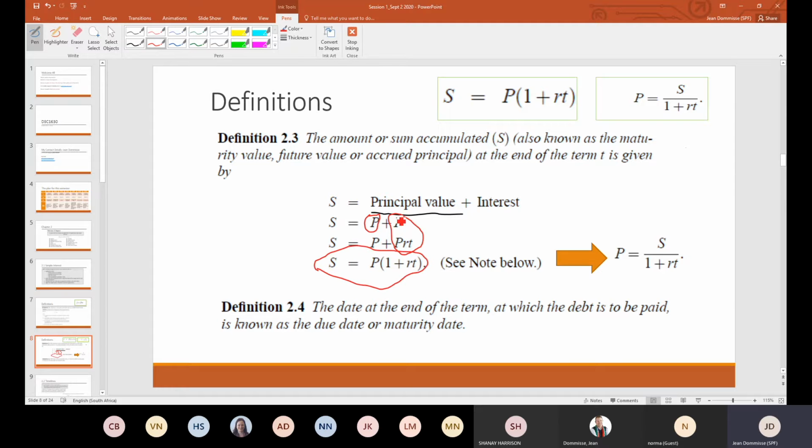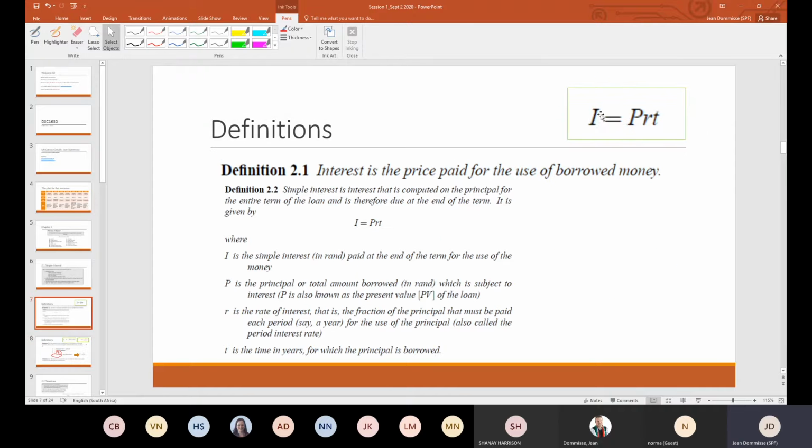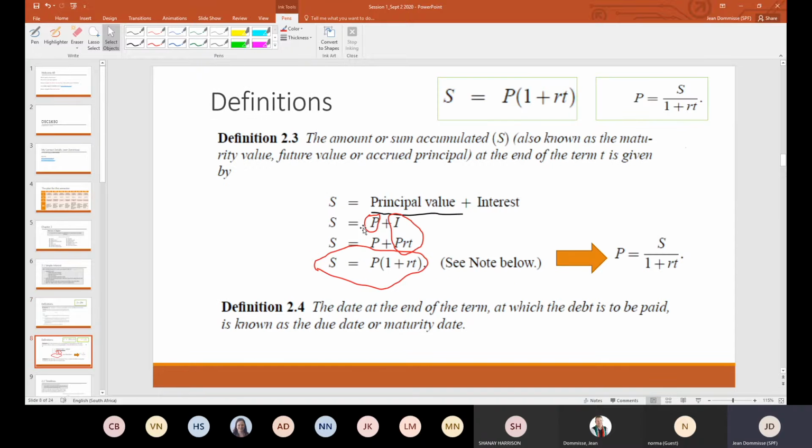So basically they replaced the I with that previous formula, so that you can get to the next section of the P plus the PRT. And then out of maths, and I think that is also important, you just take that out and you are kept with the rest. So this is one of the formulas to show it.